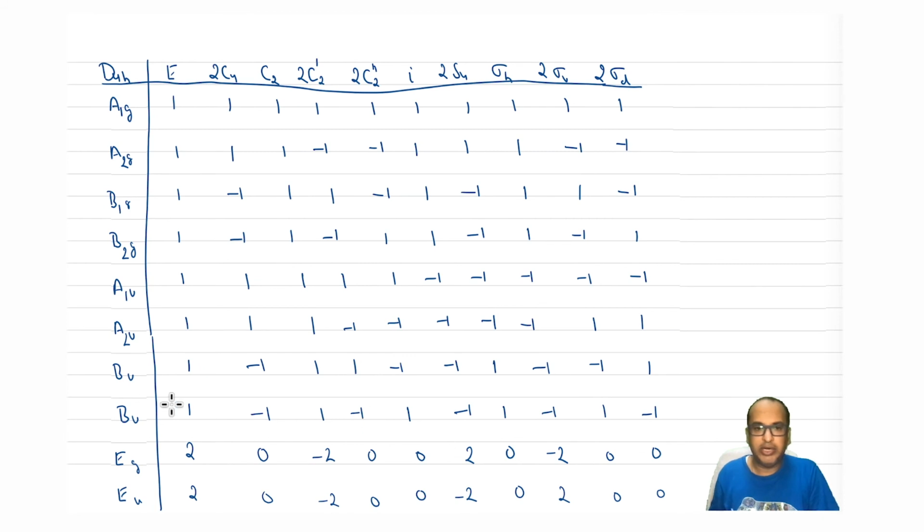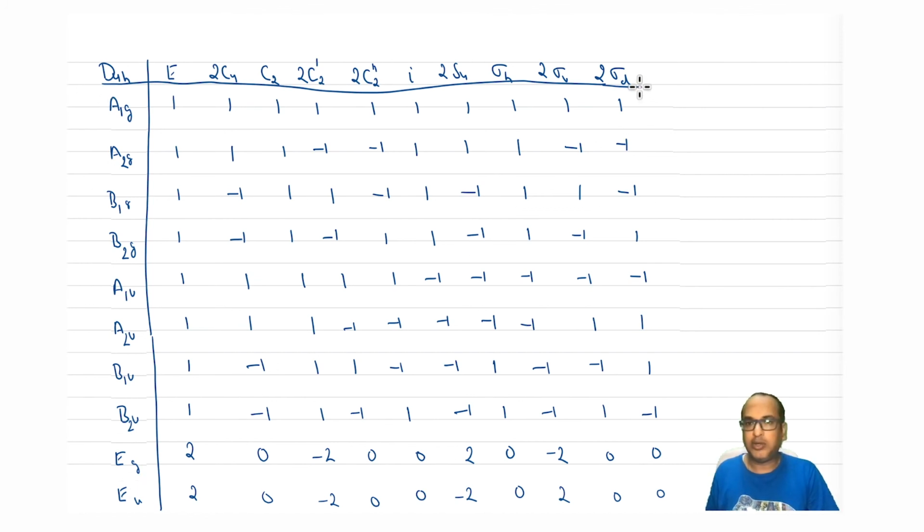Again, this is positive, negative, so this will be 1 and 2, right? So EG and EU are already defined, so there is no need to give any further symbol because this is already uniquely defined, right? Okay, so that gives me the Mulliken symbols for all of these.